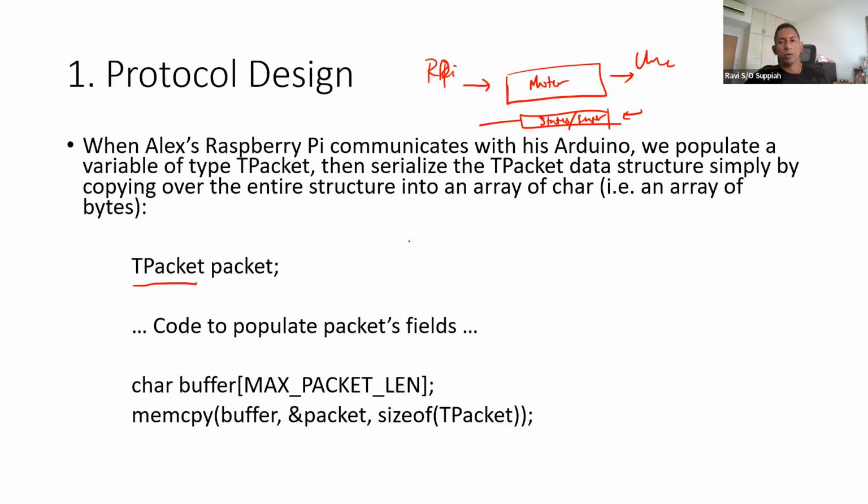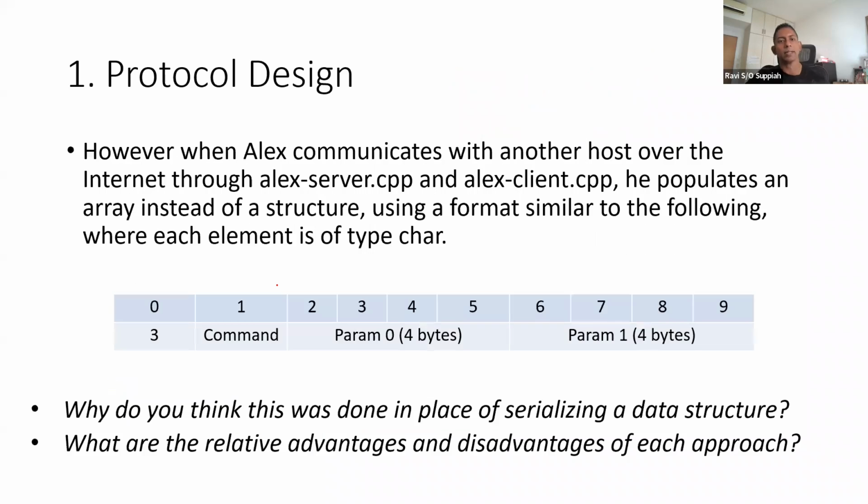If you look at the code, what we do is copy this packet information to this buffer over here. This buffer is a character array. Whatever I have in my packet, I copy it over into this character array, and then I transmit.